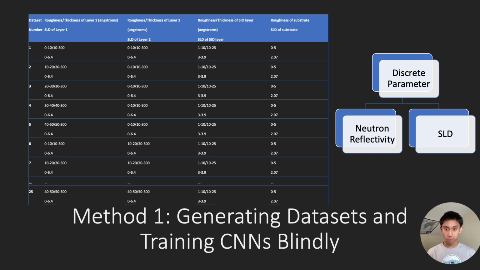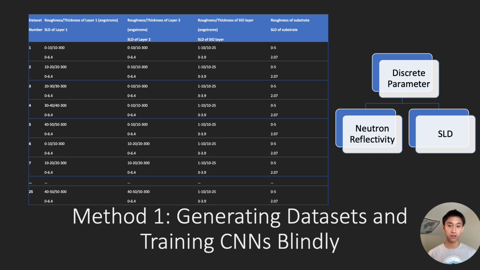At first, we tried to use one big training data set and one convolutional neural network to predict all of the experimental data sets. However, this was very difficult and didn't produce very good results, because using one training data set to cover such a vast amount of data was too difficult, and the convolutional neural network was not able to learn very well.